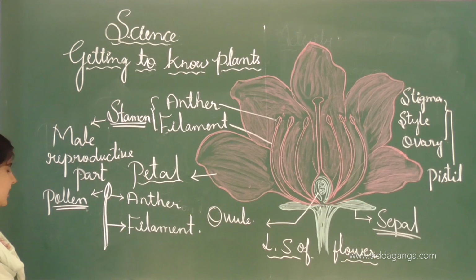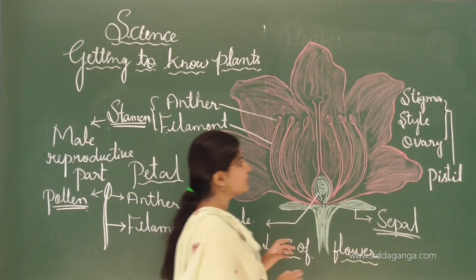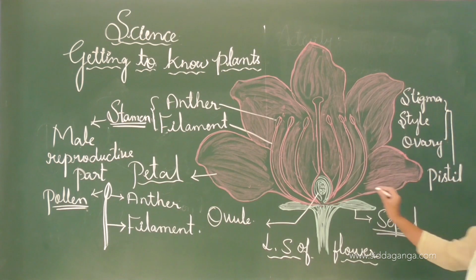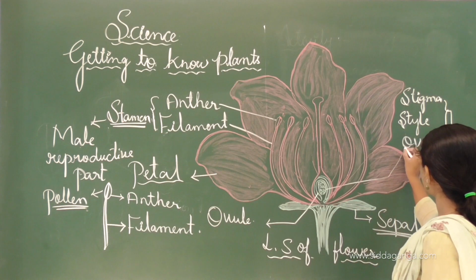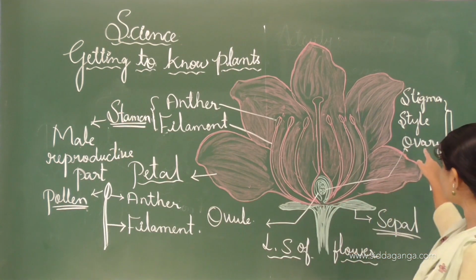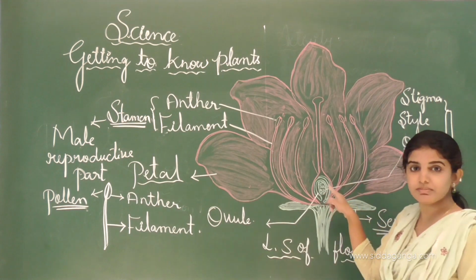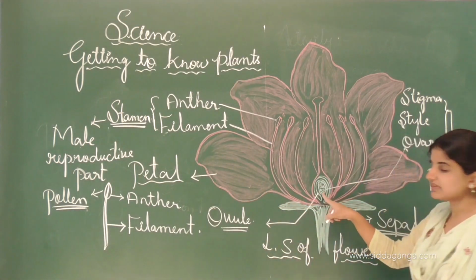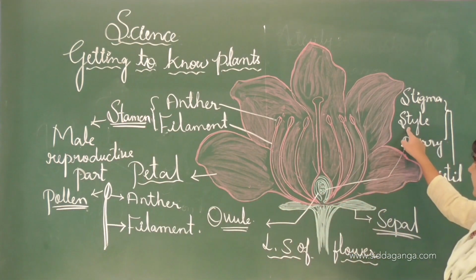Next one is the pistil. See, the pistil is divided into three parts: the stigma, style and the ovary. See, this is the ovary, where ovules will be present. Inside the ovary, a bead-like structure is called an ovule. And the next one is the style.